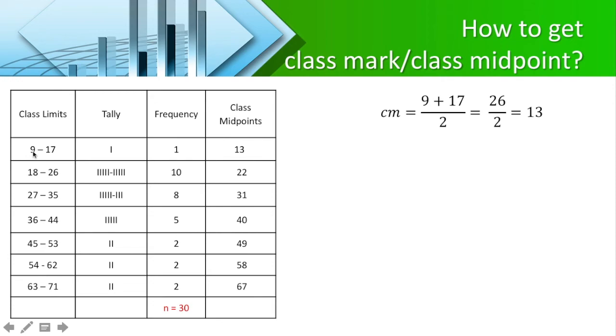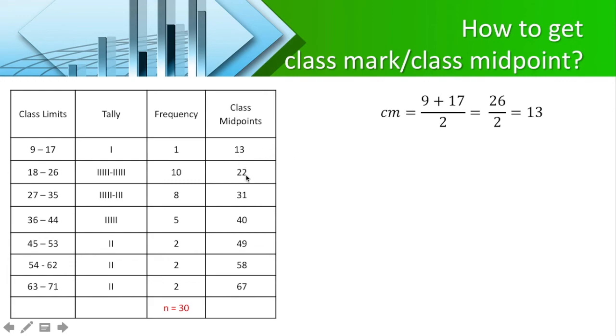The formula is simply add the lower limit and the upper limit and divide it by 2. So that will be 9 plus 17 equals 26. Divide by 2 is 13. That's why the class midpoint of the first class limit is 13.